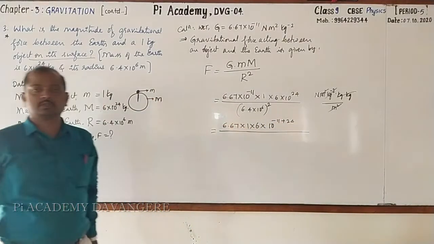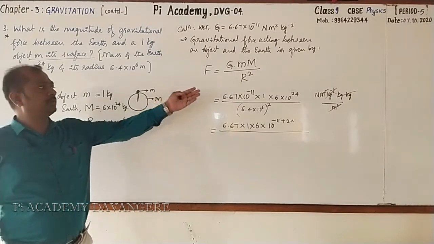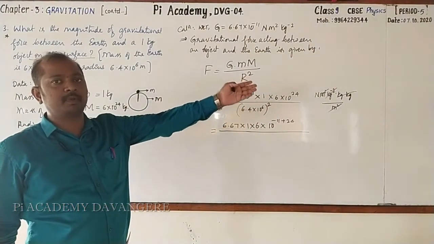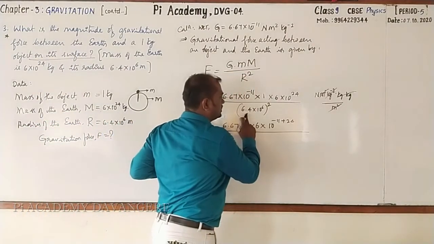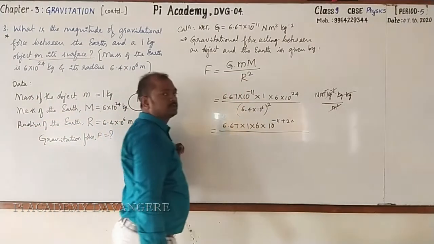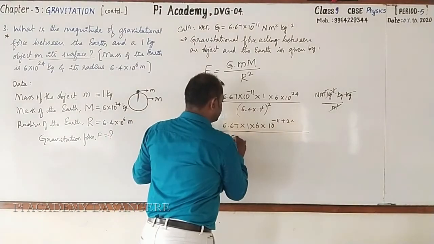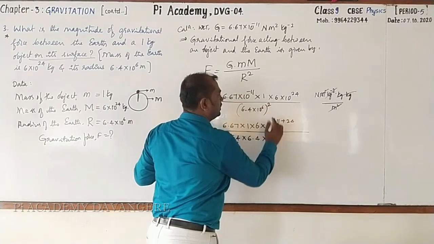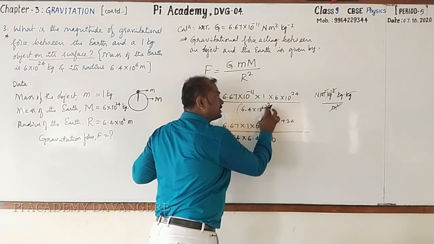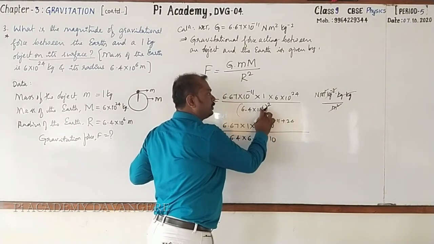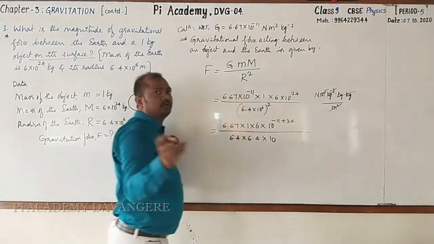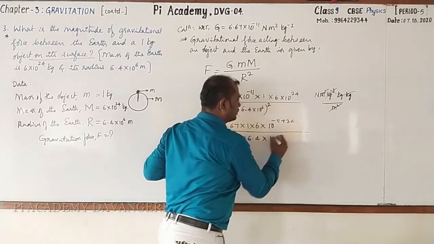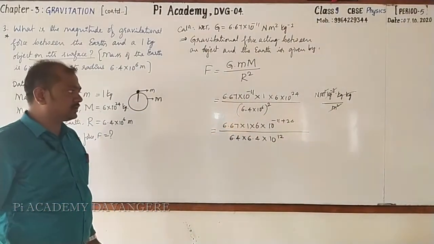We have used the law of exponents: a raised to the power m into a raised to the power n is equal to a raised to the power m plus n. Next, this is 6.4 into 10 raised to the power 6 whole square. This is 6.4 into 6.4 into 10 raised to the power 6 whole square. a raised to the power m whole raised to the power n is equal to a raised to the power m into n. So 6 into 2 is 12. Hope that you have understood.